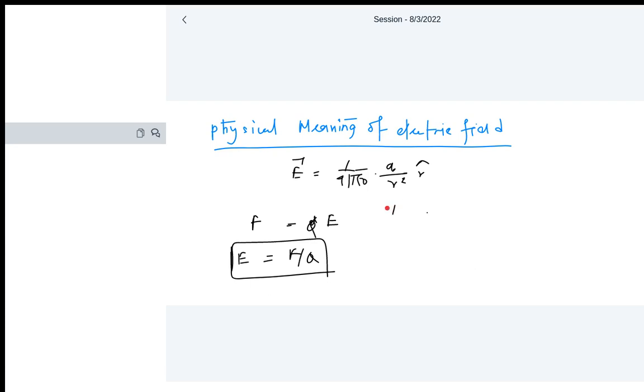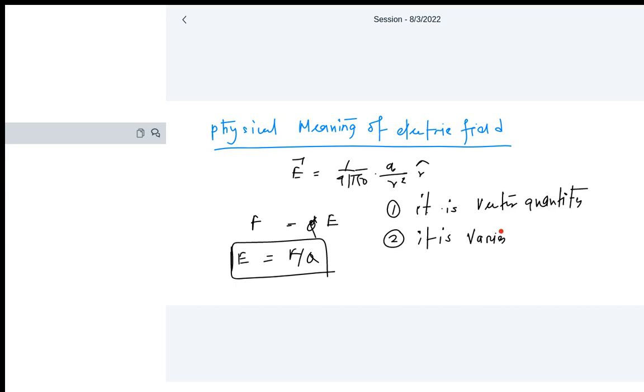So first physical meaning, it is a vector quantity, of course vector quantity. Okay, second physical meaning, it varies from point to point.